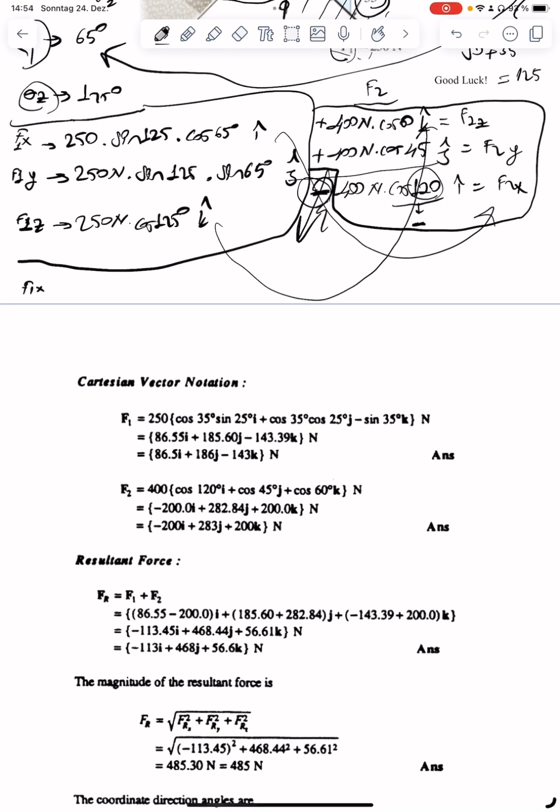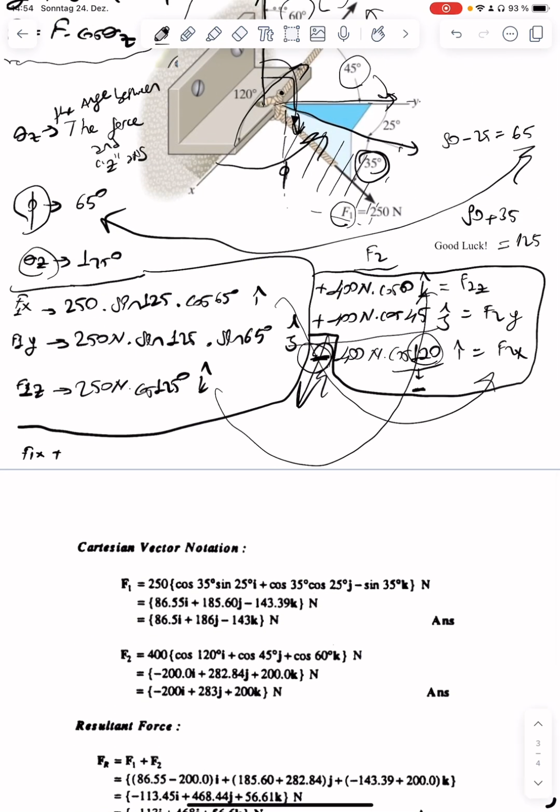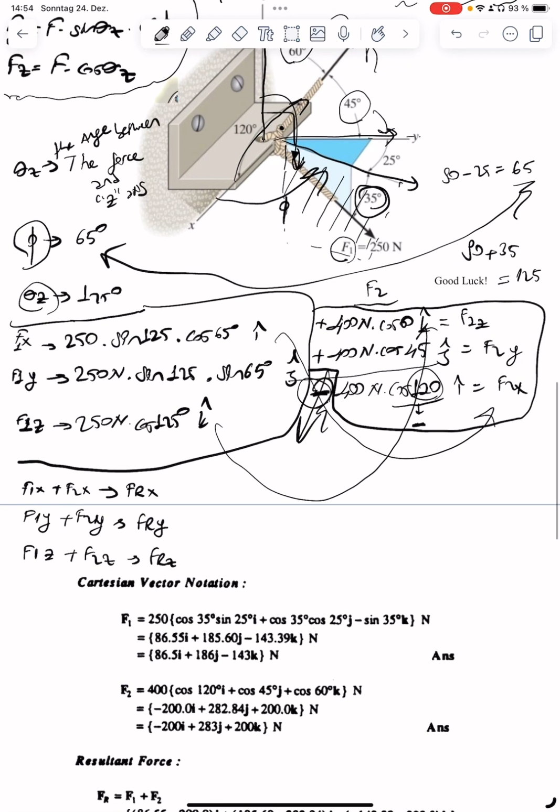F1 in the x-axis plus F2 in the x-axis is equal to the resultant force in the x-axis. F1 in the y plus F2 in the y is the resultant in the y. F1 in the z plus F2 in the z is the resultant in the z. Okay, we can find them.